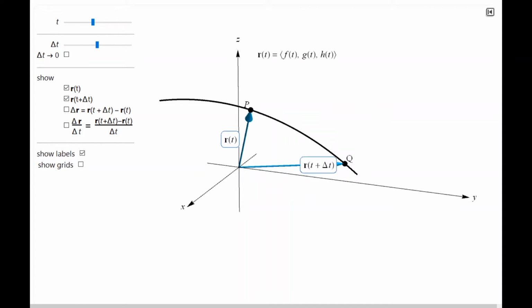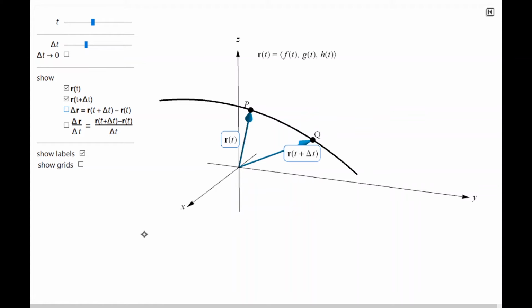Then for delta t, we have at a later time the vector oq, okay? That's the second vector that you see there. And we can make this get closer by making delta t smaller, as you see there.